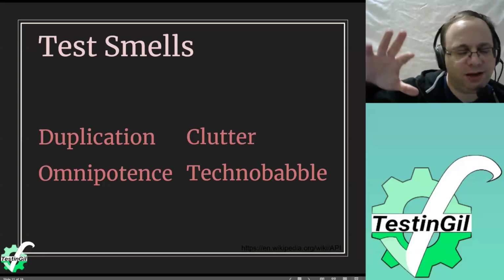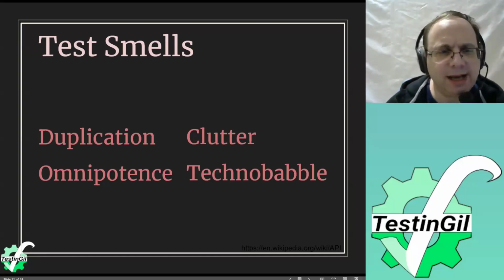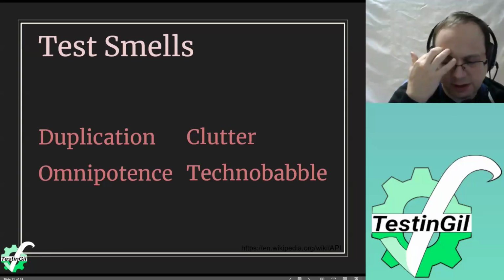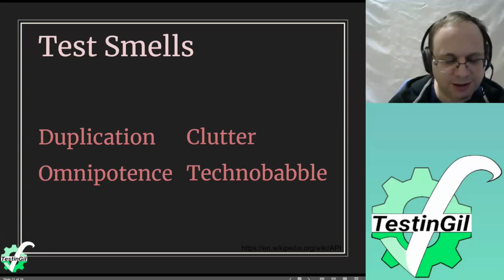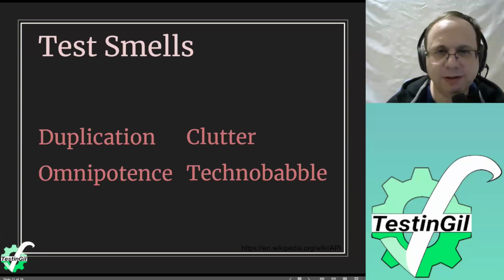So there are a lot of code smells. Today we're going to talk about test smells, and I want to mention four. You already see the ones that have some kind of parallel with clean code, but these are more apparent in tests.